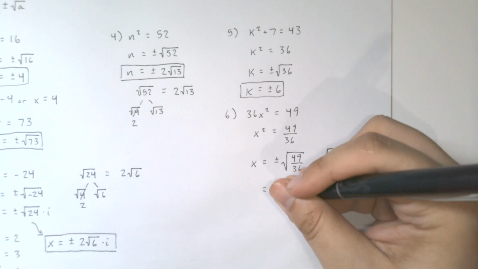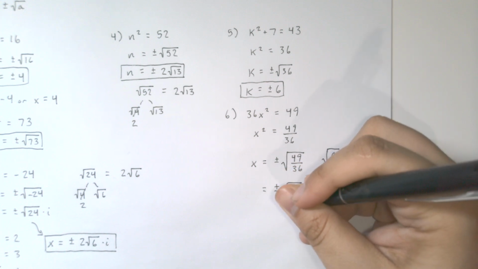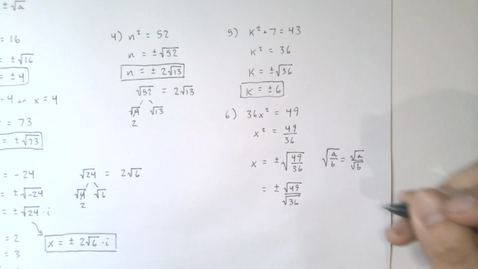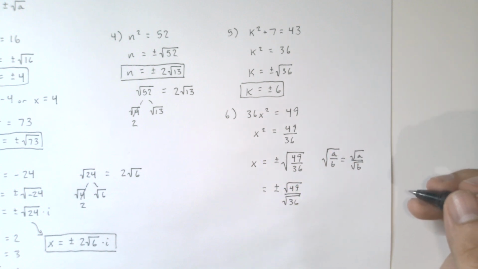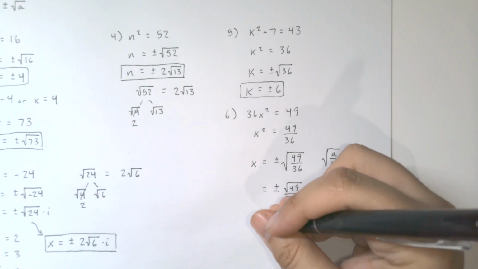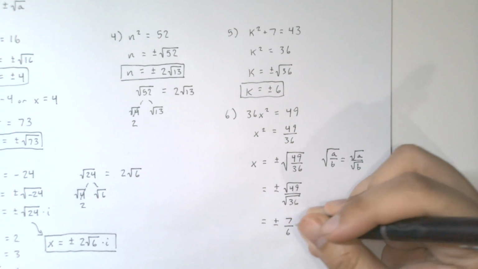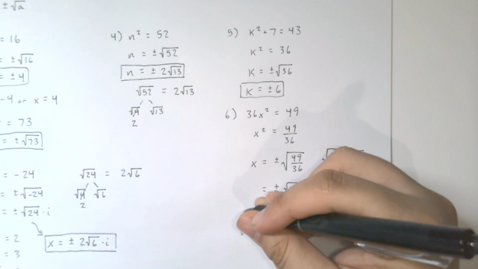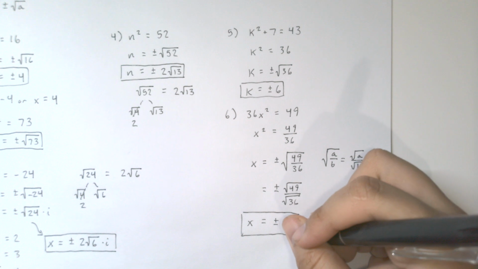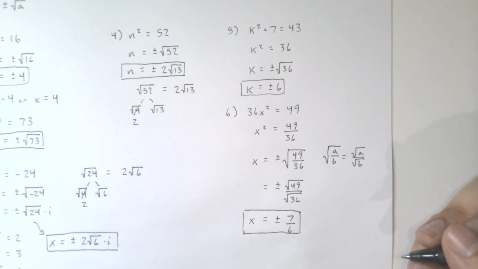So really, we can write this as plus or minus the square root of 49 over the square root of 36. And as mentioned before, 49 and 36 are perfect squares, so this is going to be equal to plus or minus 7 over 6. And so x is equal to plus or minus 7 over 6, and this is our final answer.